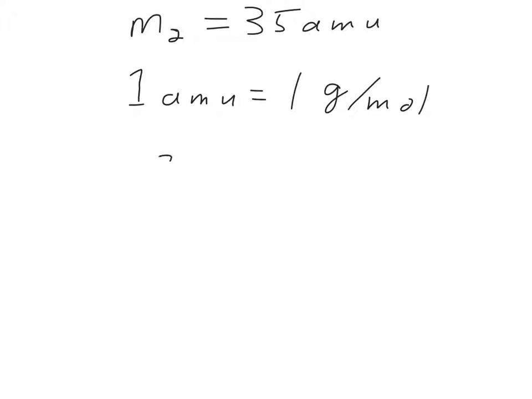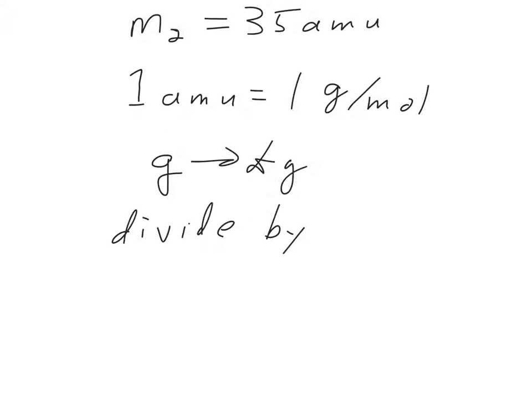So first I have to do grams to kilograms, and then I have to divide by Avogadro's number. You learned this back in kindergarten. Approximately 6 times 10 to the 23rd. And then I'll have the reduced mass in kilograms. Okay, so that's one problem I want you to do.